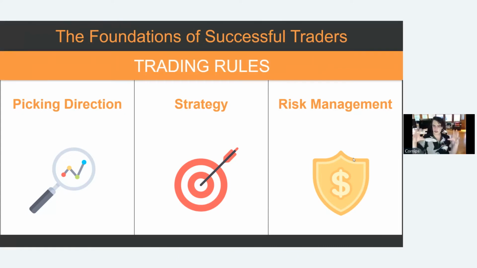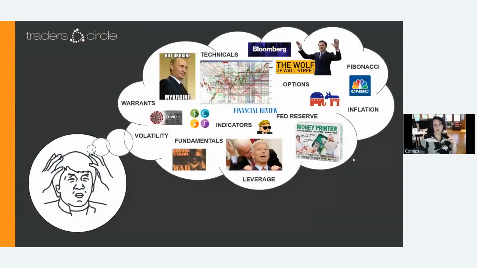What brings them all together is a set of trading rules. And I think this is arguably the most important thing when it comes to trading, because trading rules allow you to take everything that's out there right now and everything that will be.